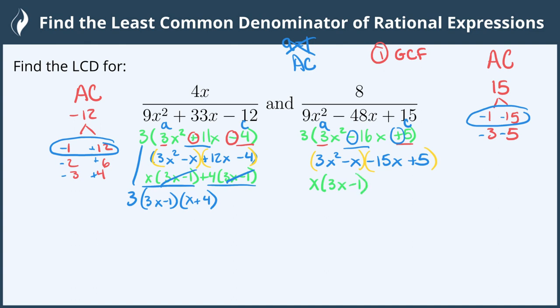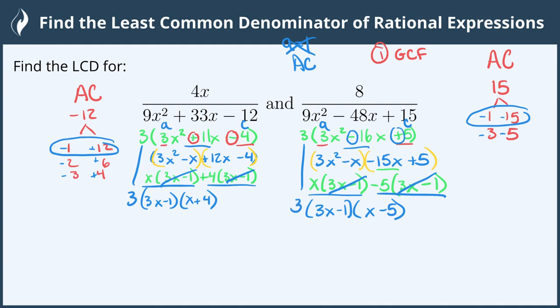And the greatest common factor of the second two is 5, but it's easier if the first term is positive, so we'll take out a negative 5, leaving us with 3x minus 1. Now between these two terms, the greatest common factor is 3x minus 1. So we'll take out the binomial 3x minus 1, and we have x minus 5. And don't forget, we had a 3 that we pulled out at the beginning as well.